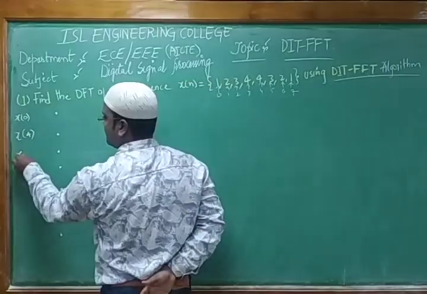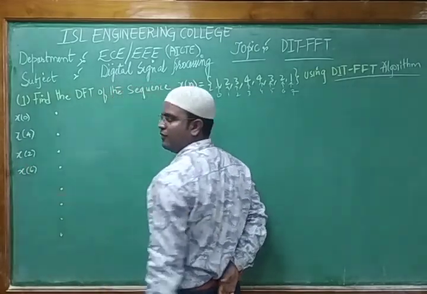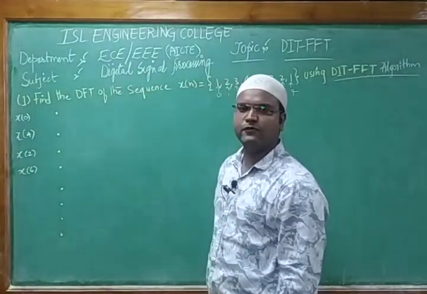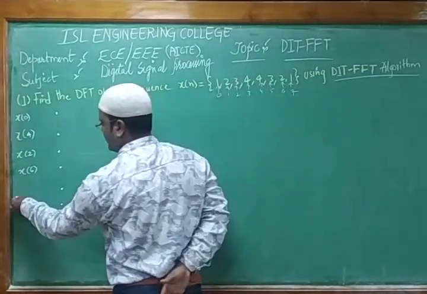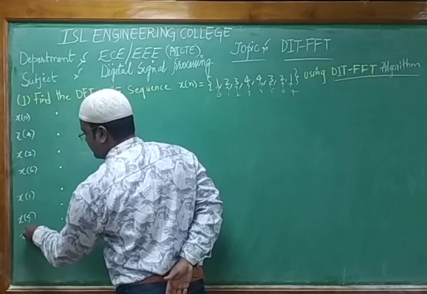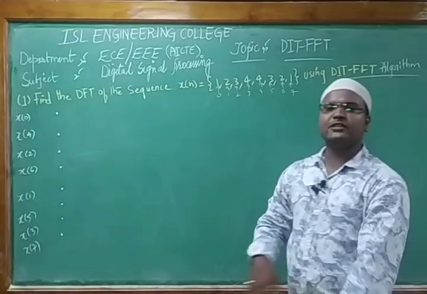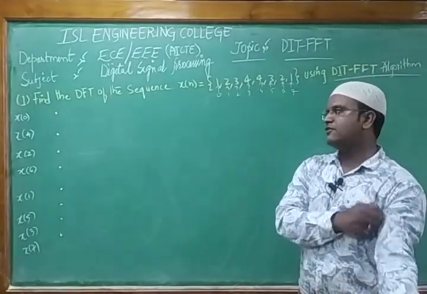Likewise, I'll take the next even one, x of 2, and the next with difference 4, that is x of 6. Likewise, I'll take x of 1 with x of 5, then x of 3 with x of 7. So we wrote all the inputs of the first step of our DIT FFT algorithm.